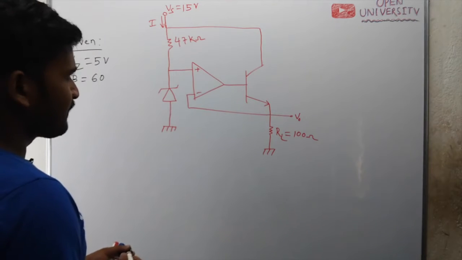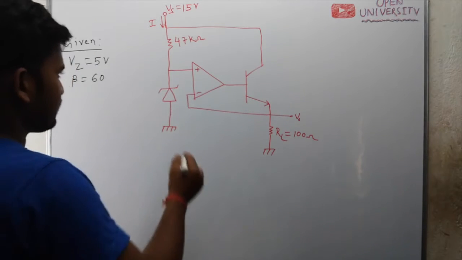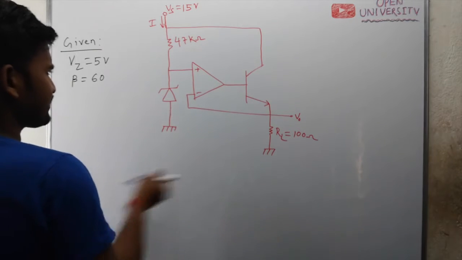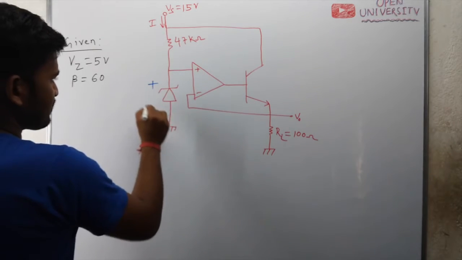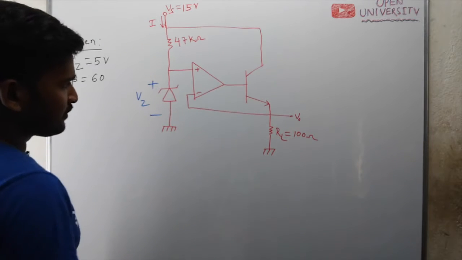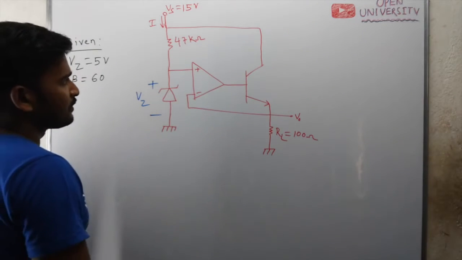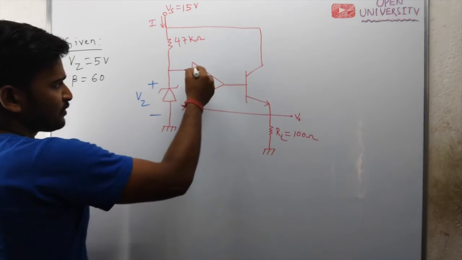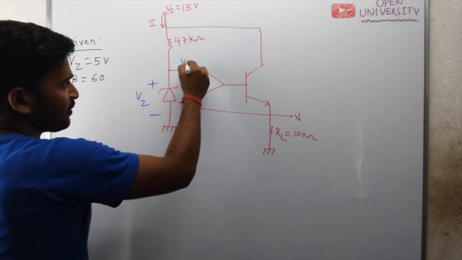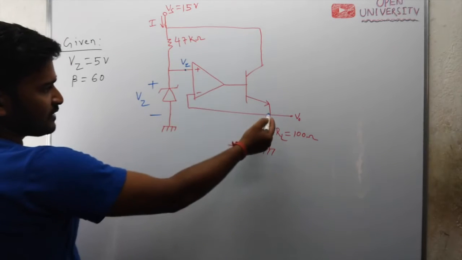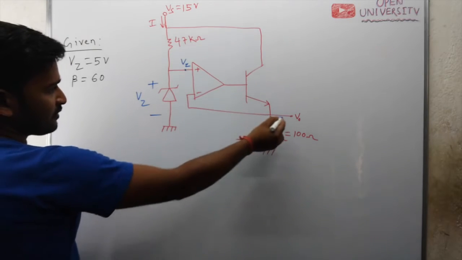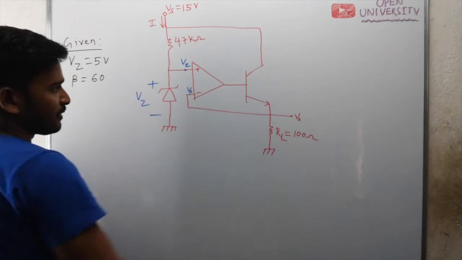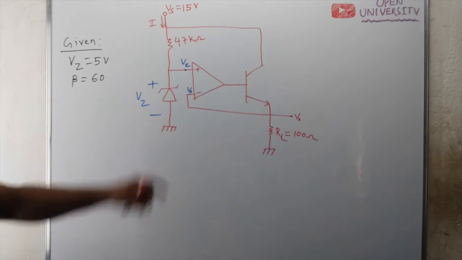See, the voltage across the Zener diode is Vz, so the voltage obtained at the non-inverting terminal of the op-amp is Vz. The same V naught will be available at the inverting terminal.